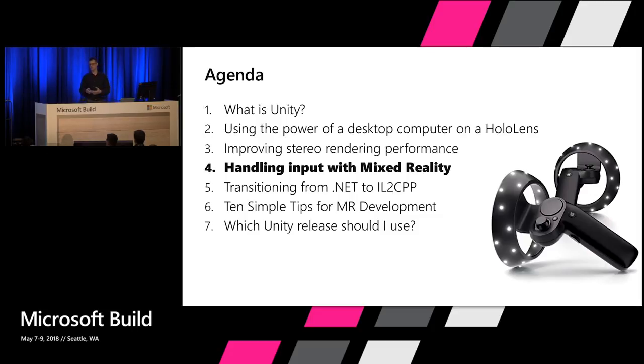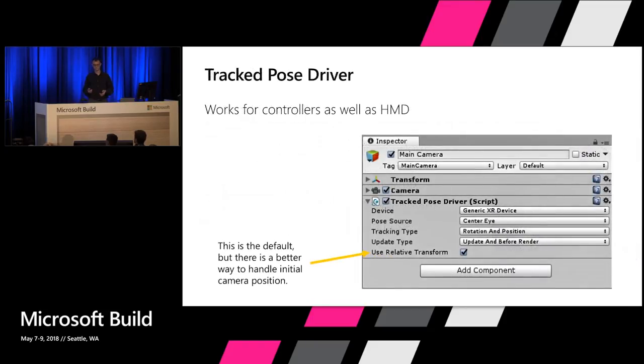But this required developers to add their own support for handling controllers. So we wanted to create a system that worked for controllers as well as the head-mounted devices. Last year, we added a new component in Unity called the track pose driver. So this works for the head-mounted devices as well as controllers. And you can use it to define various types of ways you're going to drive the camera pose from the head-mounted device.